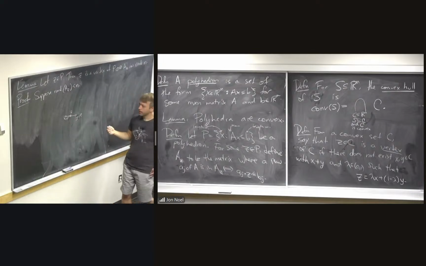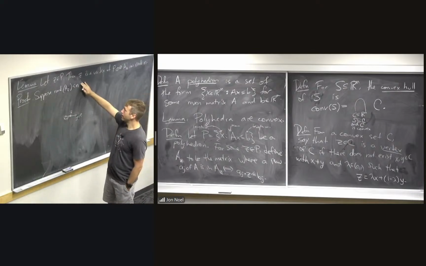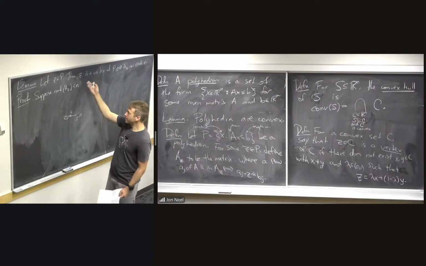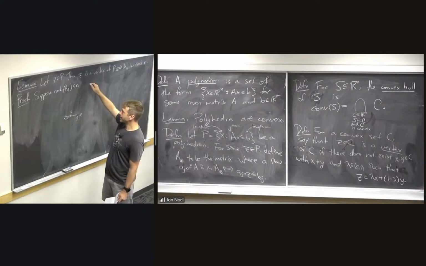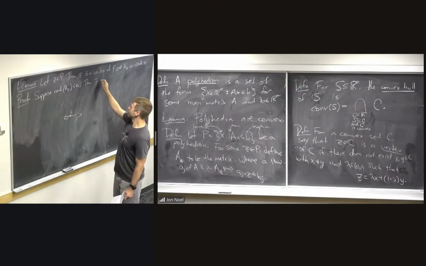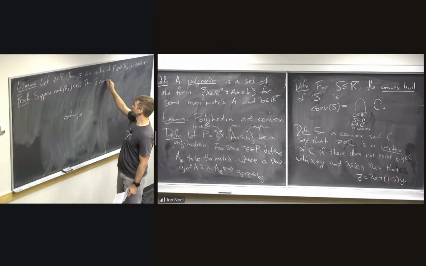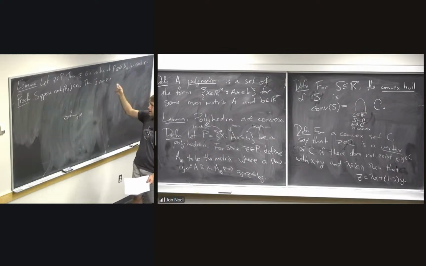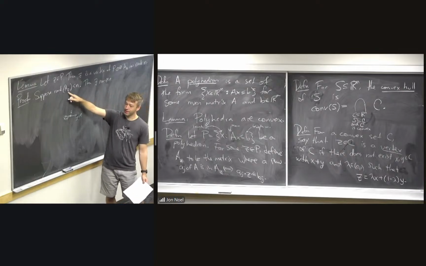Okay, here's how I'm going to do it. If the rank is less than n, then by the rank nullity theorem the kernel must have dimension at least 1.